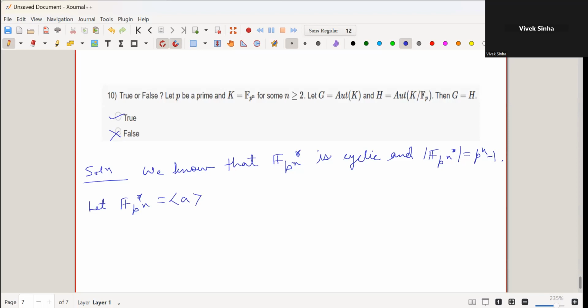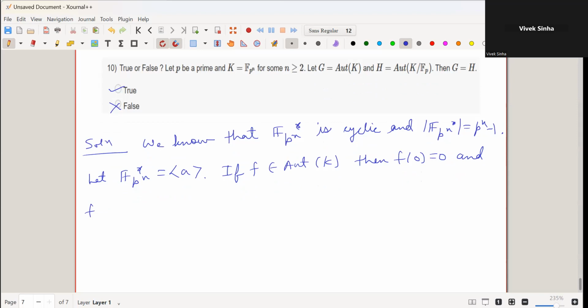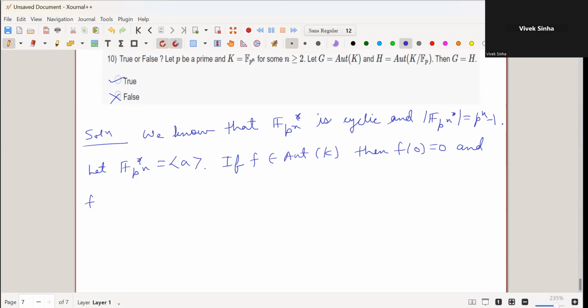So if some f belongs to Aut(K), then of course f(0) is 0, where 0 is the additive identity inside F_{p^n}.